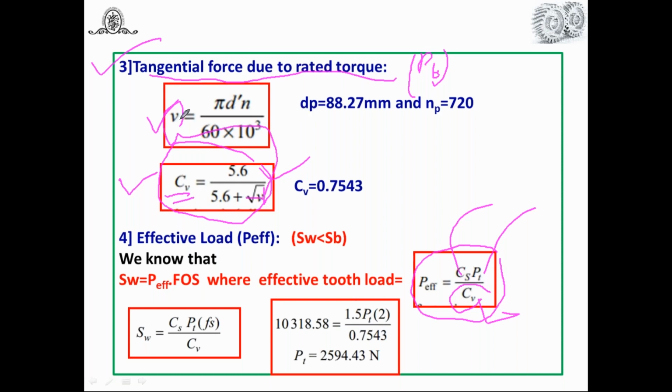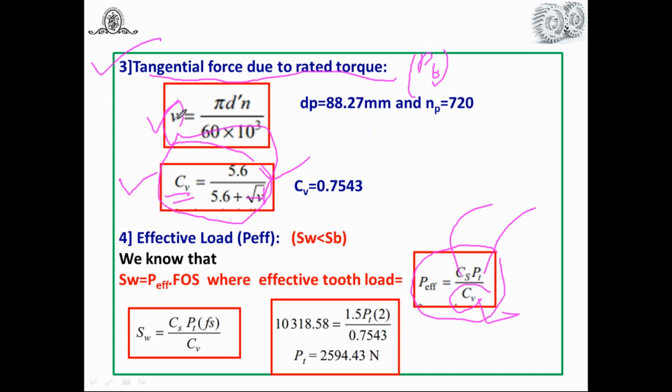But here, for spur gear, don't make any confusion. I am recapping some fundamentals of spur gear design. When the pitch line velocity is less than 10 meters per second, CV = 3 / (3 + V).